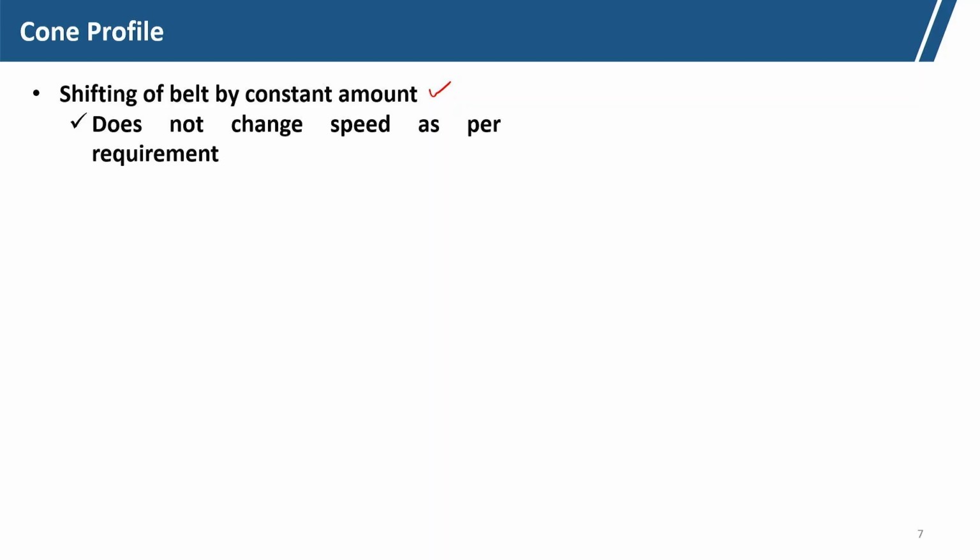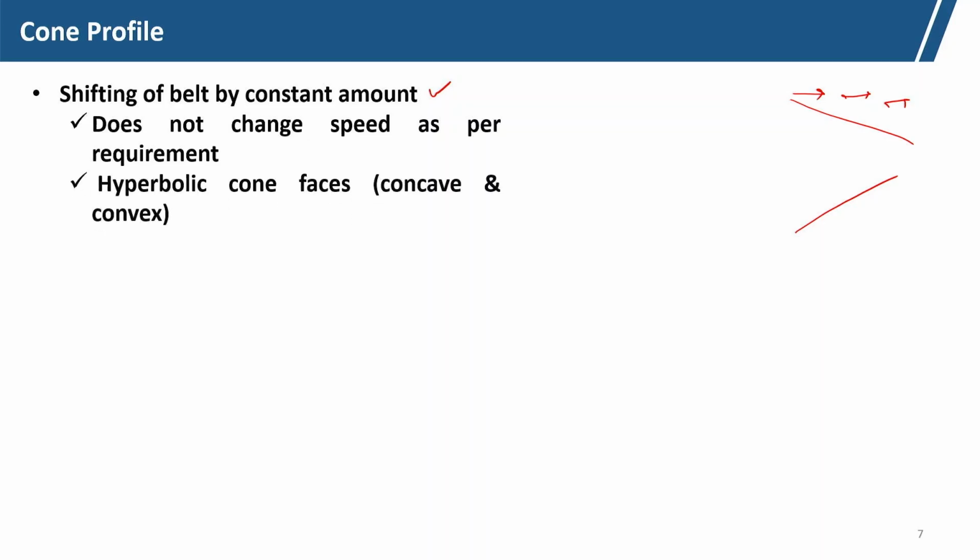If we try to use the straight cone and shift the cone belt by a uniform constant amount, then we do not get the required change in speed.